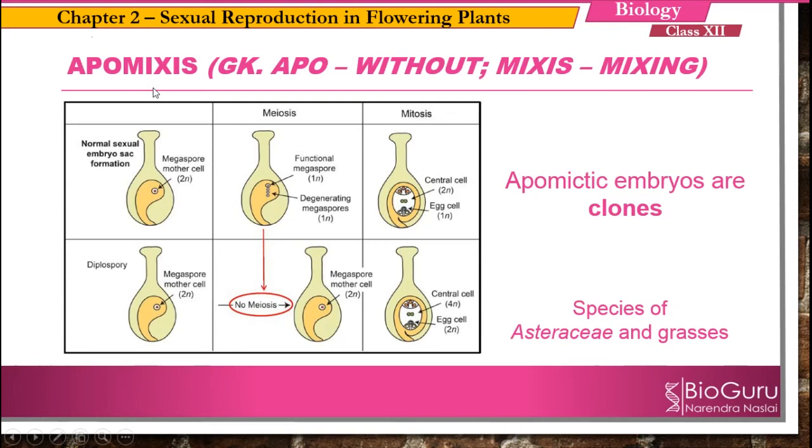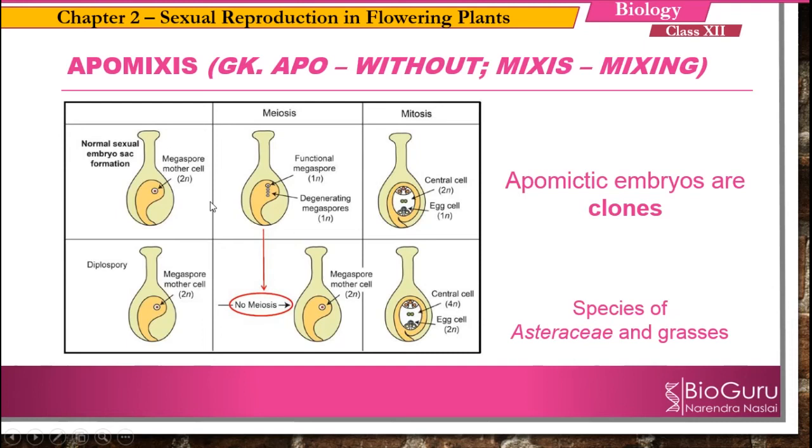Okay, now let's talk about apomixis. Here apo means without, mixis means mixing. The process of formation of seeds without fertilization is called apomixis. Seeds are the last stage of sexual reproduction. We know that in sexual reproduction, involving fertilization of two gametes, only then are the seeds formed.